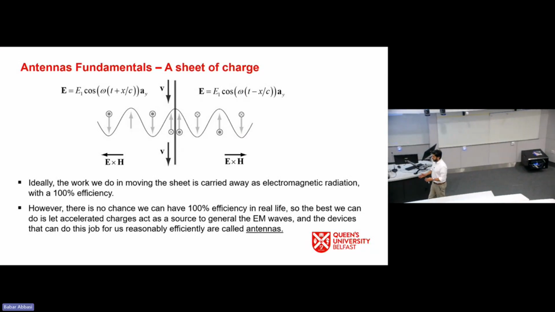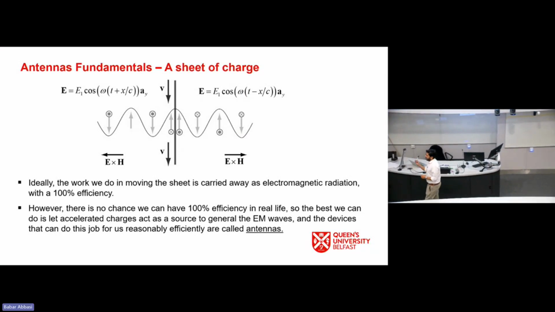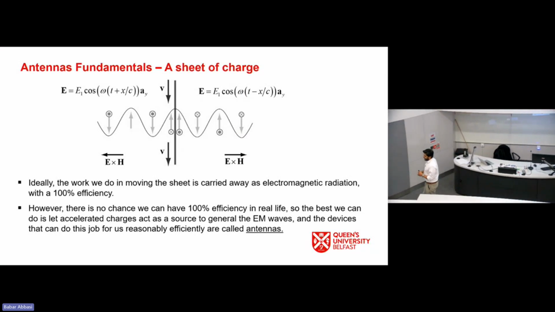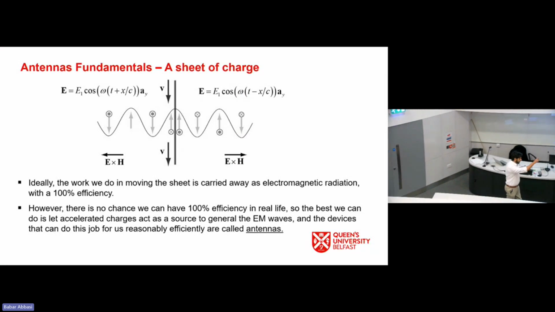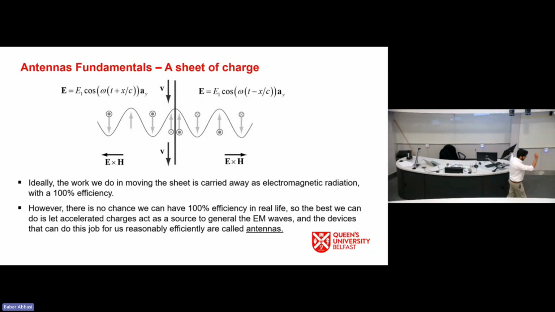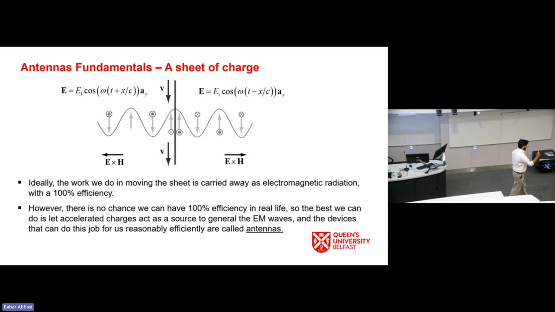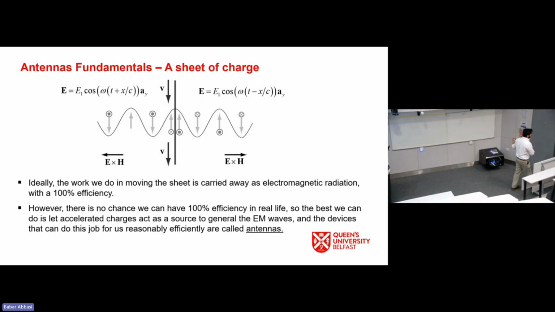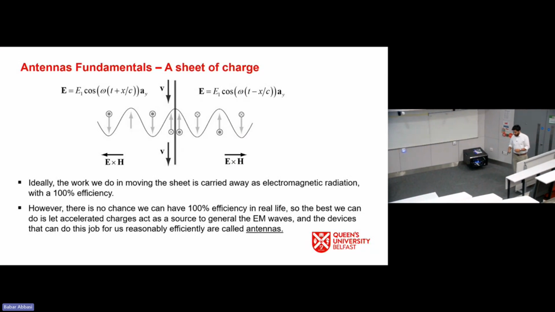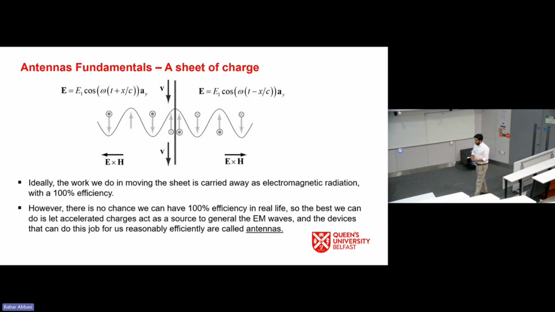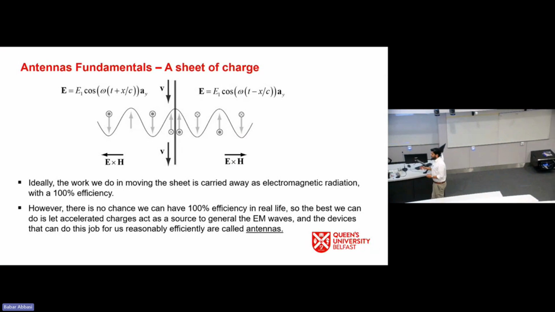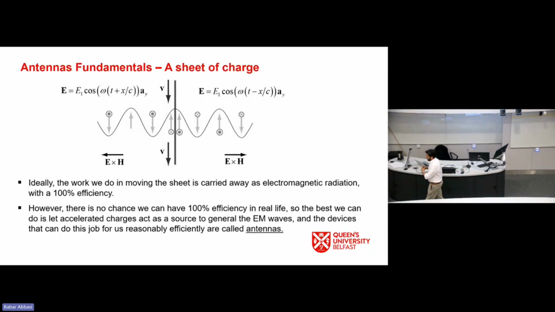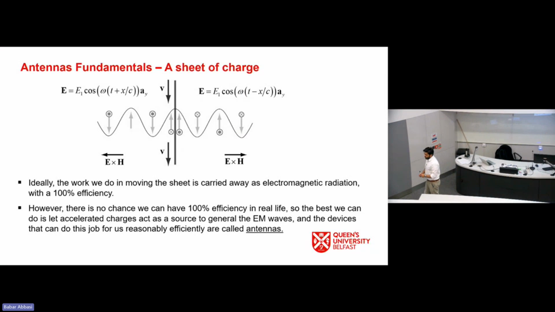We also looked at some expressions, how we can mathematically describe this phenomenon, and then we looked at this particular example in which we have a sheet. If we move the sheet up and down, electric field will be produced, magnetic flux density will be produced, and according to Poynting's theorem that we have seen in the previous lectures, the Poynting vector E cross product H is the energy flow, and that energy flow will radiate.